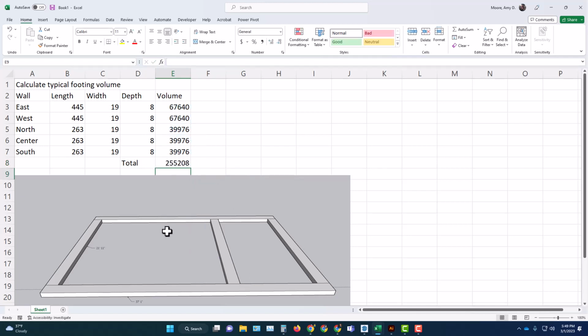The volume of this oddly shaped piece is 255,208 cubic inches. Okay, well, concrete doesn't come in cubic inches. It gets delivered in cubic yards. And let's figure out how we're going to calculate cubic yards from this.